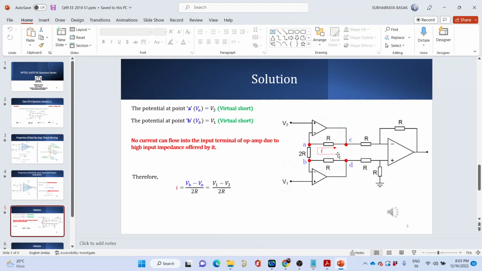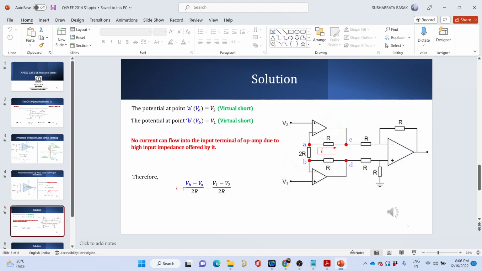Okay. If that is the case, then we already know the potential at point B from the virtual shorting concept, that is V1. We know the potential at A, that is V2. Now we want to find the expression for the current I which is flowing through this path in terms of V1 and V2. I have assumed the direction like this, so I am saying that the current is flowing from point B to point A. The current always flows from a higher potential to a lower potential.